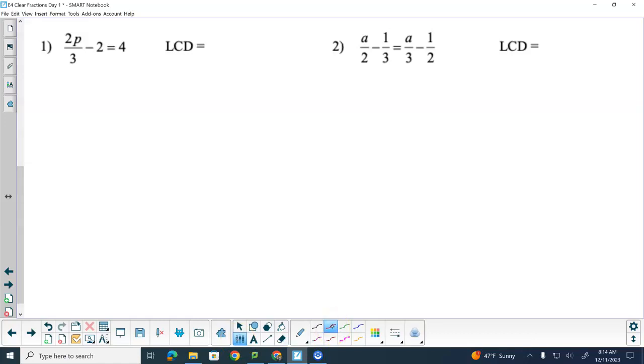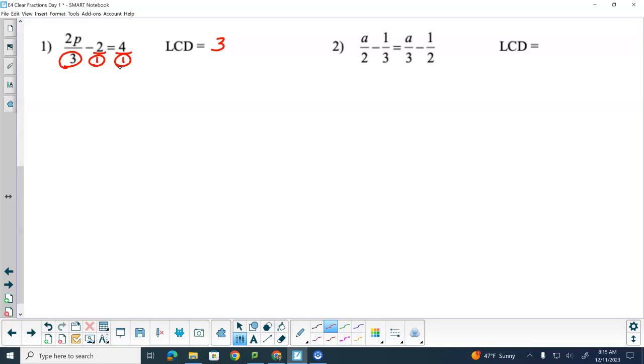So the least common denominator, or a common denominator, is going to be, in this case, 3, because I'm looking at all of my denominators, and 3 is the smallest number that all of them go into. So that's why I chose 3.